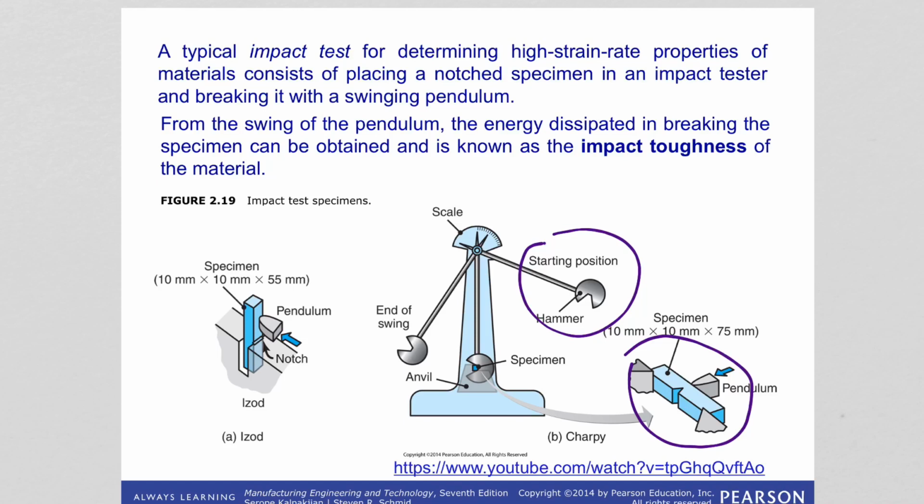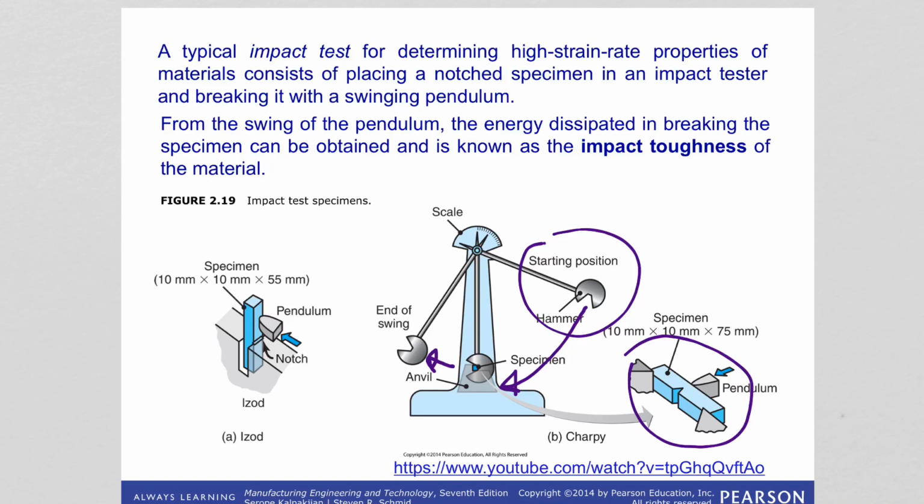Basically, after the pendulum hits, the specimen will absorb some part of that energy during its breakage, and when the pendulum goes to the other side it will not raise to the same starting position because it lost some of its potential energy. The specimen absorbed its energy.